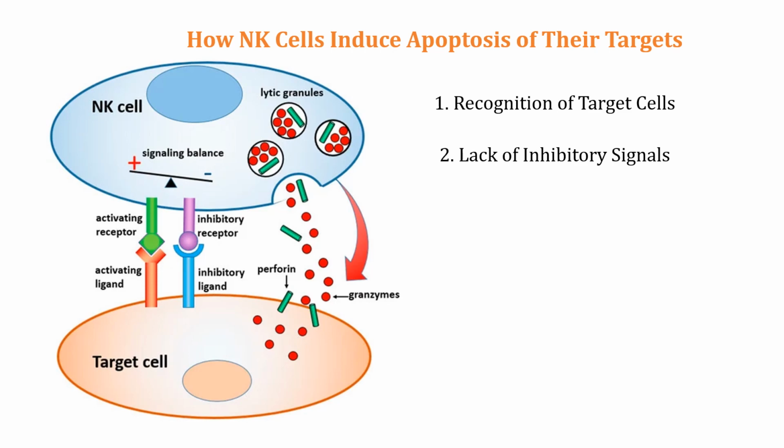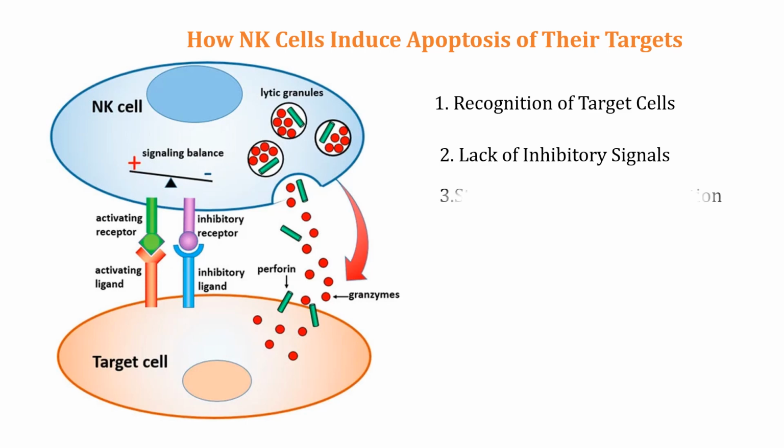Second is lack of inhibitory signals. Healthy cells express MHC class I molecules that interact with inhibitory receptors on the NK cell surface. These interactions send inhibitory signals to the NK cell, preventing it from attacking healthy cells, as I discussed in the previous slide.